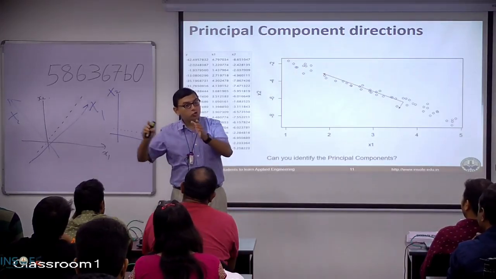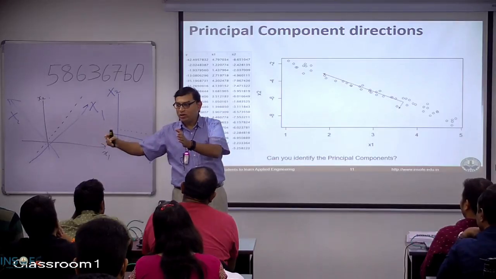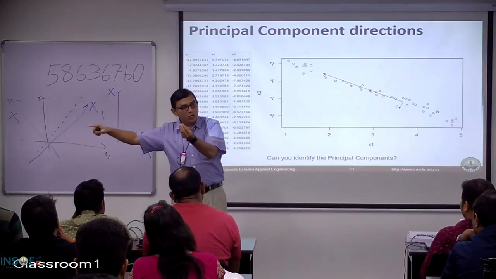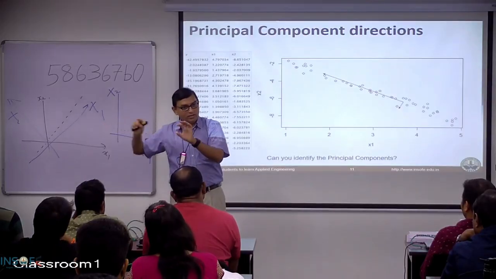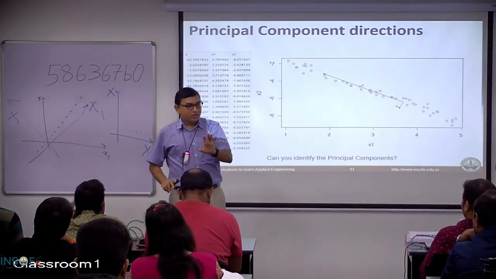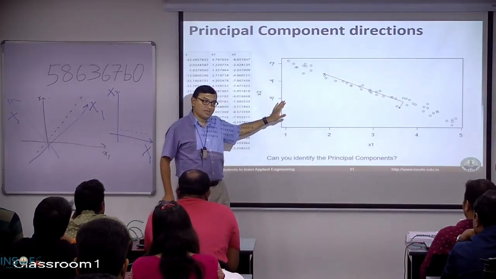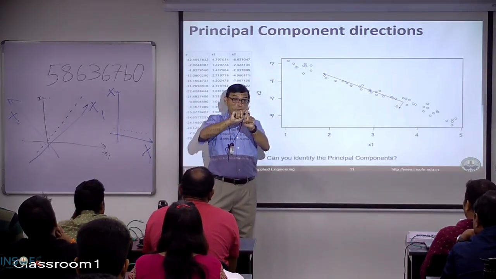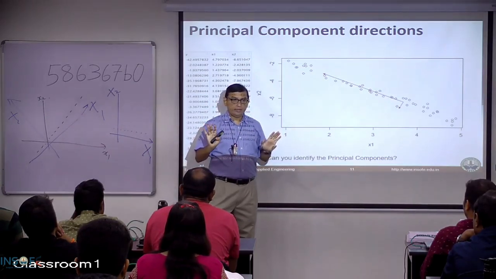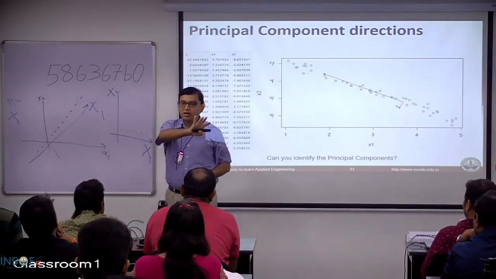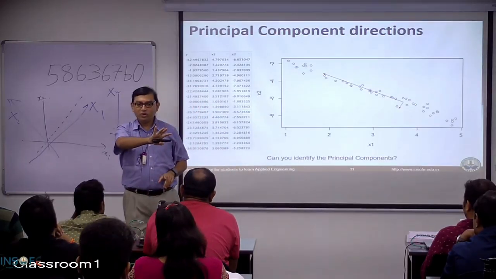VIF talks only about the predictor values, and it builds a linear model, taking each predictor value and building a linear model with respect to the remaining ones. So you are absolutely right in your intuition. You have the perfect intuition about this, that correlations between those variables is very important. Do you understand what he is referring to?